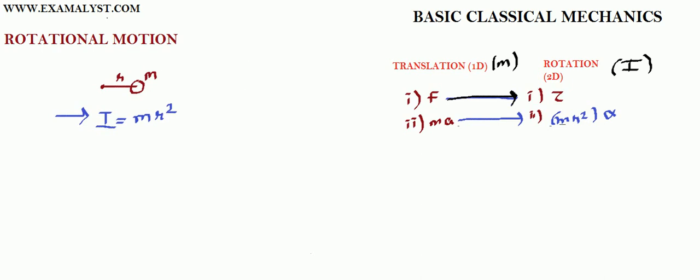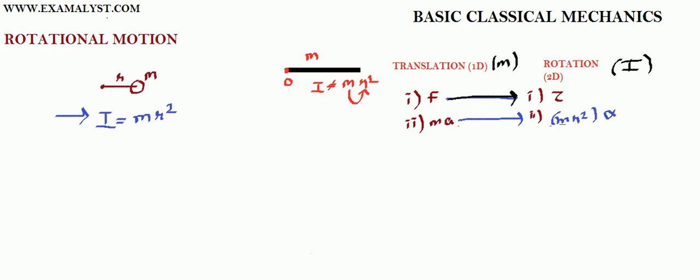However, if you have a rod, and this rod is attached to a particular point O, and this rod has a mass m, then the moment of inertia of this rod is not m r square, because the entire mass is not concentrated at any distance r.